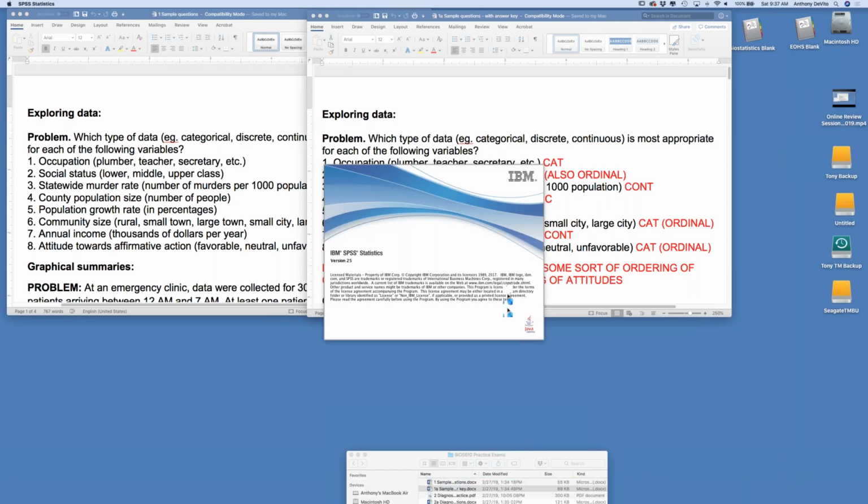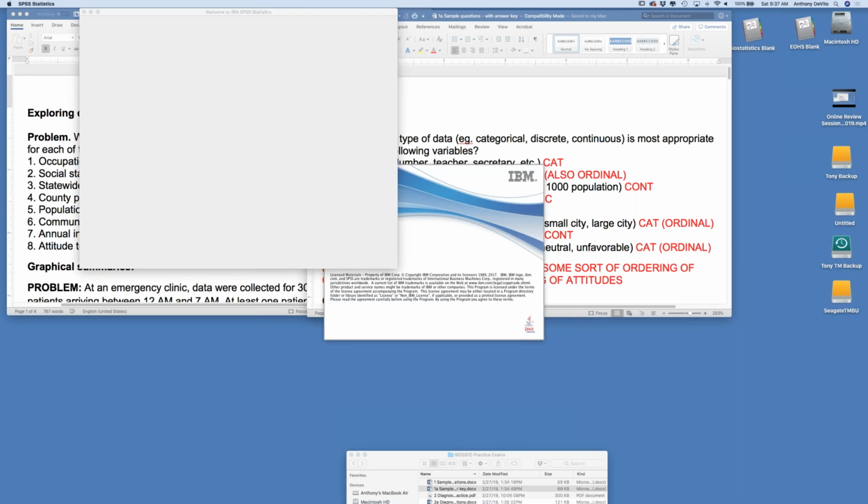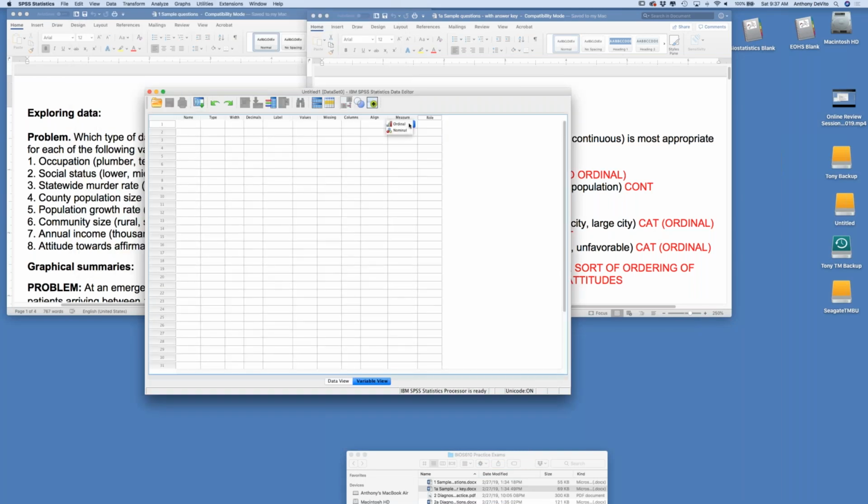And in fact, there are only three choices in SPSS in terms of how you're going to be handling data. So the variable view, and let's look at it. It's only giving me two there. I better put a number in there or something.